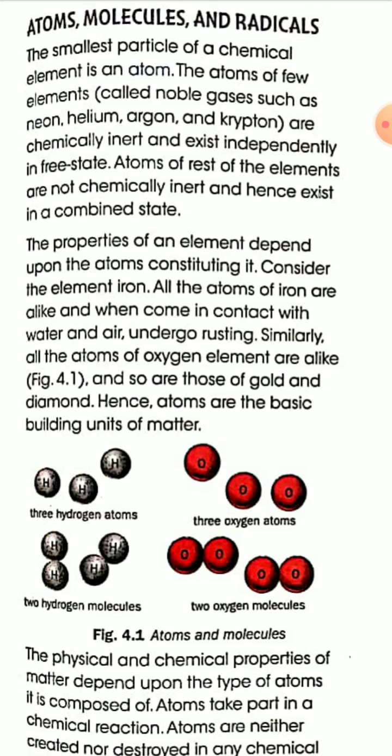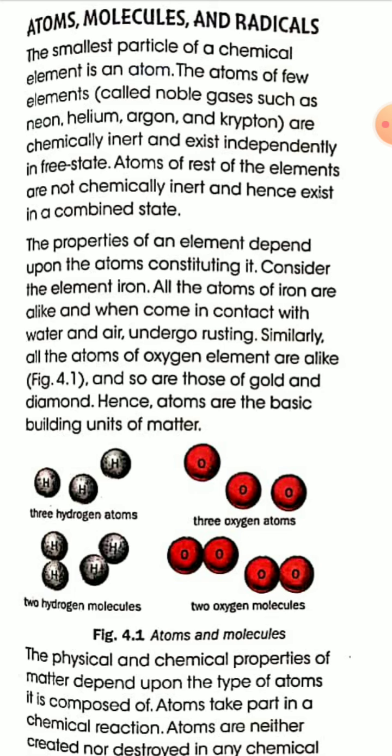The properties of an element depend upon the atoms constituting it. Consider the element iron. All the atoms of iron are alike, and when they come in contact with water and air they undergo rusting.